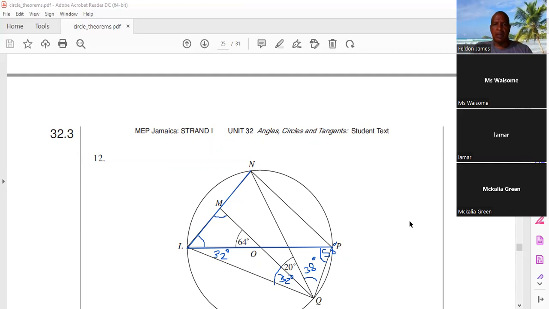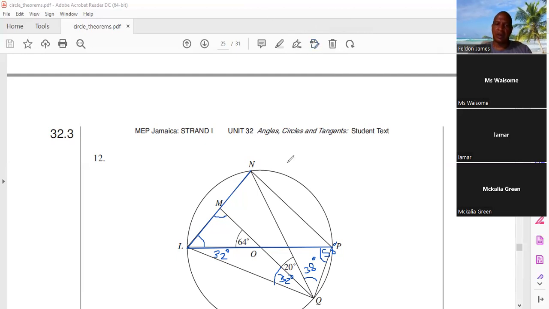Well, we know, what do we know? Sir, we never found the angle on the straight line here, too. Because we know that 64, and the scissors business down there, yeah, 64. We know that too.